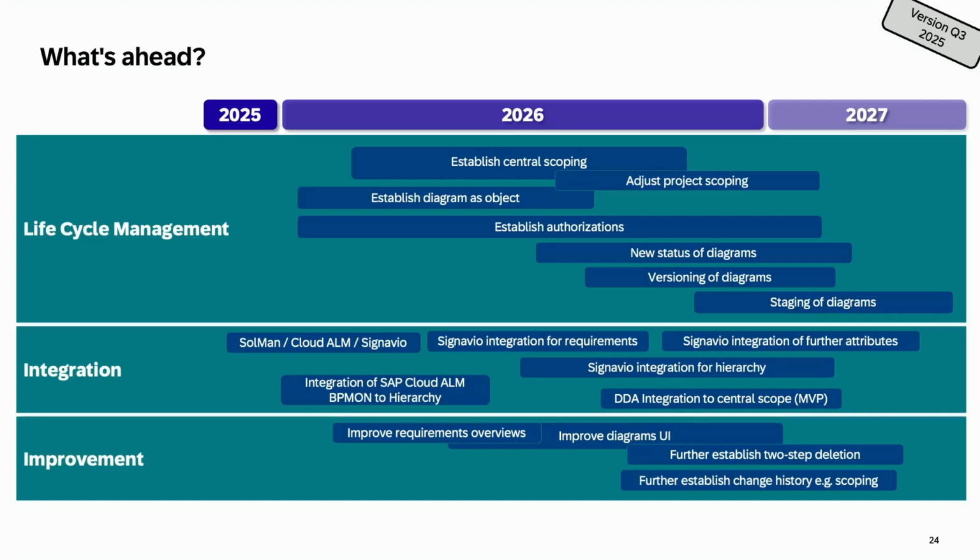And last but not least, we don't want to wait until we have all the lifecycle accomplished to put in further improvements, to make your life easier and make it more comfortable to use Calm process management. So the topic of improvement is the last one on the list.